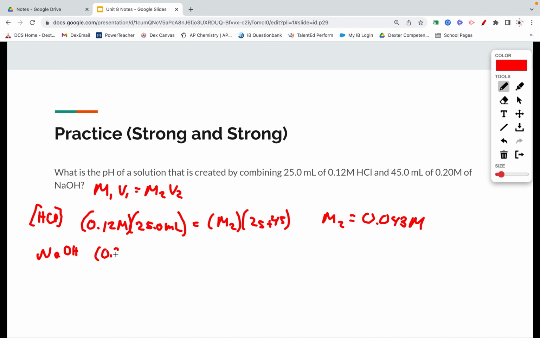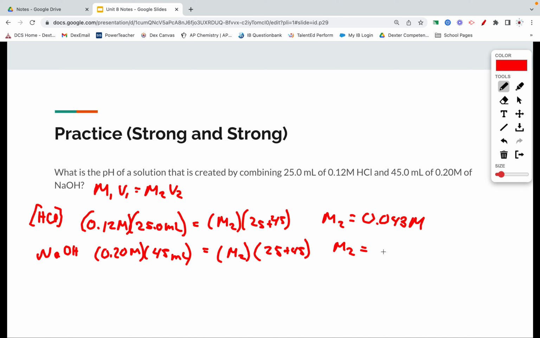We have our molarity and initial volume equal to our combined solution molarity and our new volume, which is the volume of each of our substances combined.